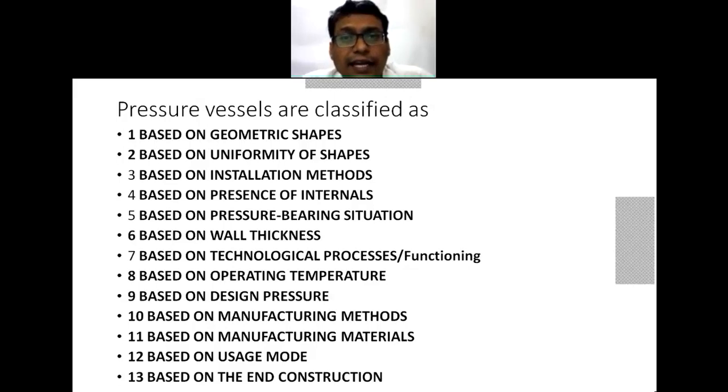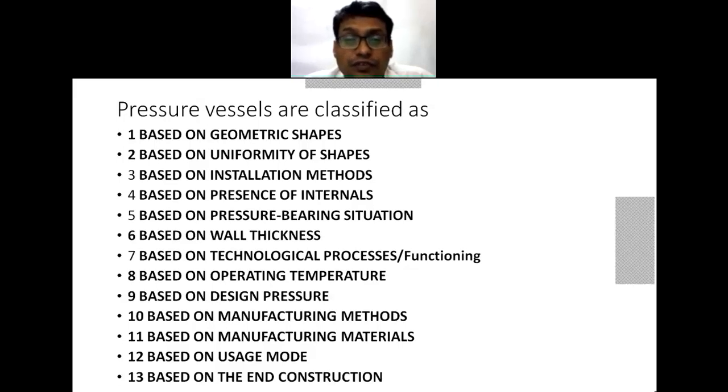However, it can be classified based on geometric shape, uniformity of shape, that is the installation method, then presence of internals, then the pressure bearing situation, then wall thickness, then technological processes, or you can also call it the functioning, that is nothing but your reactor, heat exchanger.